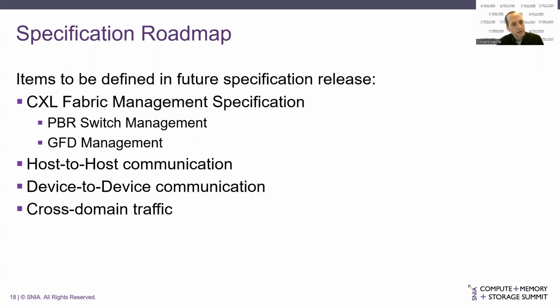There are also efforts in place to define host-to-host communication paths so that hosts can access one another's memory directly. Device-to-device communication, basically enabling peer-to-peer transactions within a fabric. So if you could imagine an accelerator device having direct access to GFAM space. And then cross-domain traffic, finding a way to get traffic from one host virtual hierarchy, as we call it, one host domain, into another host domain, and how that can take place.